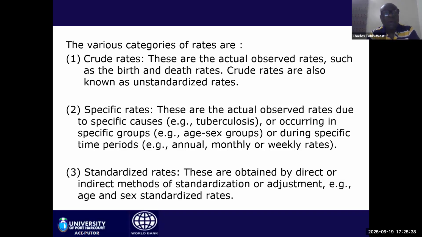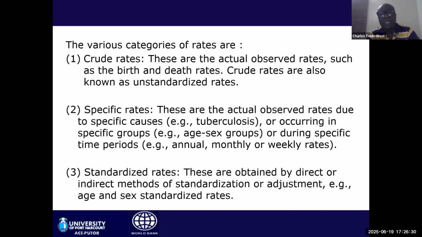Standardized rates, when we want to make more sense out of the crude rate, we go ahead to standardize the rate. Standardization simply means an adjustment. If you don't do those adjustments, it becomes difficult at times to use crude rates for comparison. For instance, if crude rate in Rivers State is 15 per 100,000 per year, and crude rate in Abia State is 12 per 100,000 per year, right?